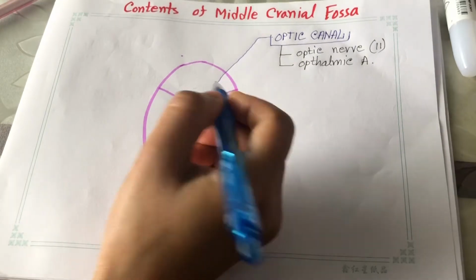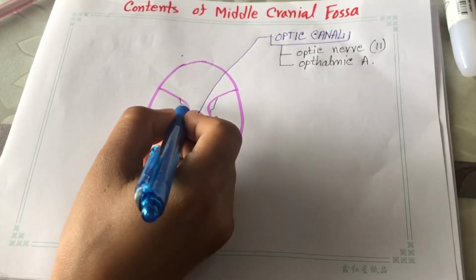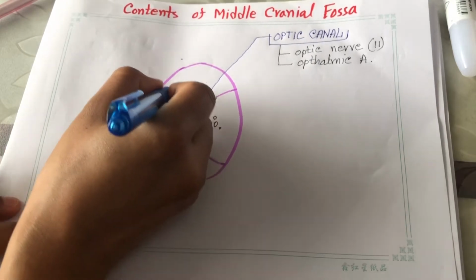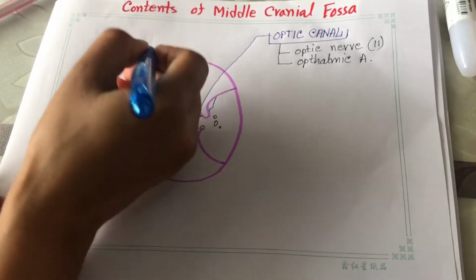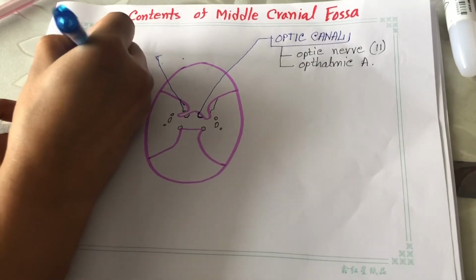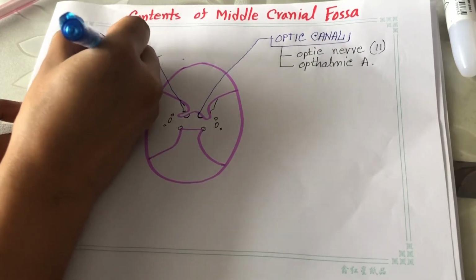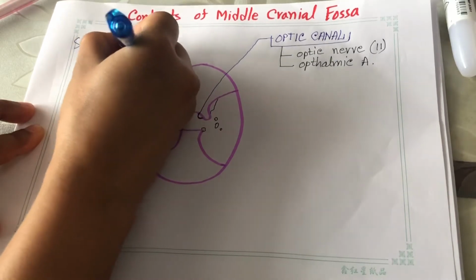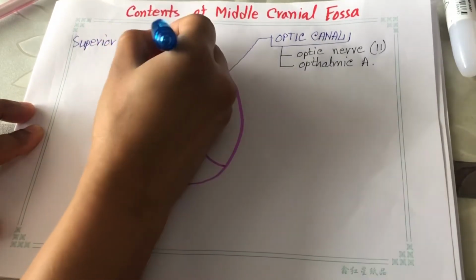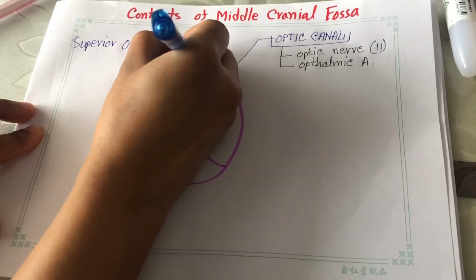Now we will see the contents of superior orbital fissure. This is superior orbital fissure.